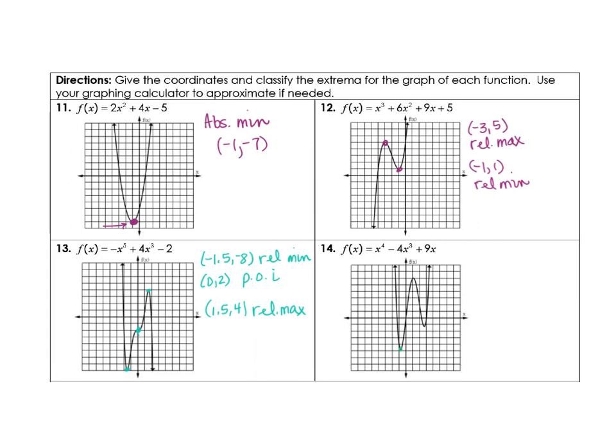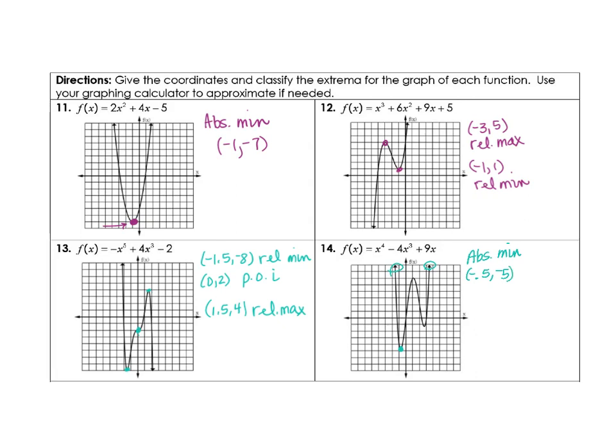Now this point here, looking at our arrows, is going to be an absolute min because it is the lowest value over the domain. It looks like it's going to be about -0.5 and then maybe down to -5. Somewhere around in there.